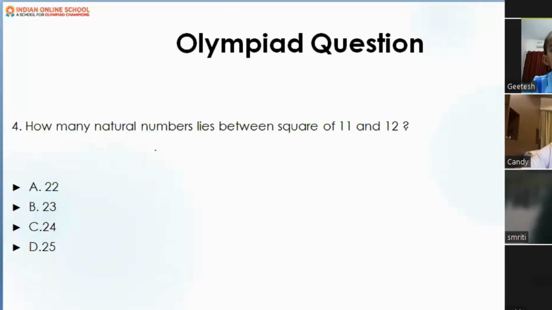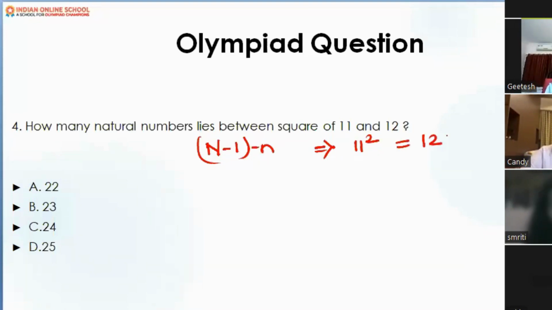Now how many natural numbers lie between the square of 11 and 12? So we will use that formula only, n minus 1 minus a small number. Ma'am, it would be B, 23. Let's solve it. The square of 11 is 121.